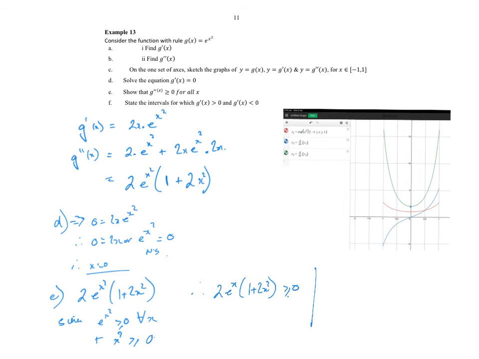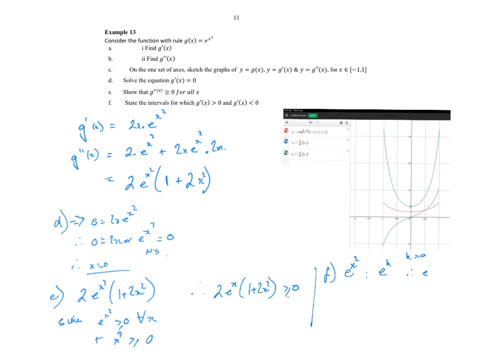Righto, so state the intervals for which g dash of x is greater than 0 and g dash of x is less than 0. Well, that's easy enough. So again, what are we calling that one? F, e to the x squared is in reality e to the power of some number k that is greater than or equal to 0.